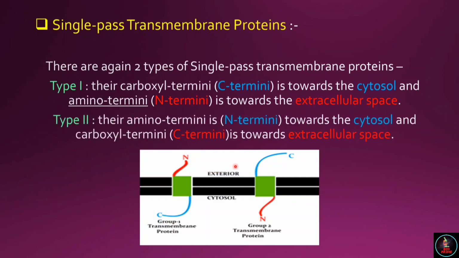And the second type is type 2: the N terminal is towards the cytosol portion, and the C terminal, the carboxyl COOH group, is towards the extracellular space. This is the difference between type 1 and type 2 single pass transmembrane proteins.